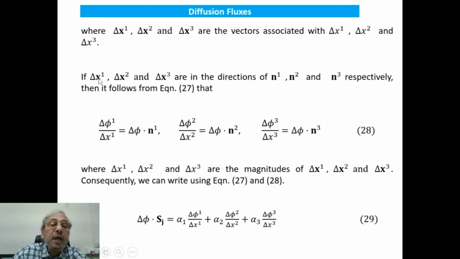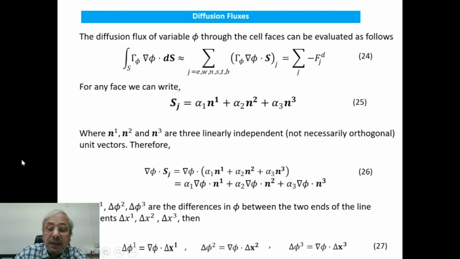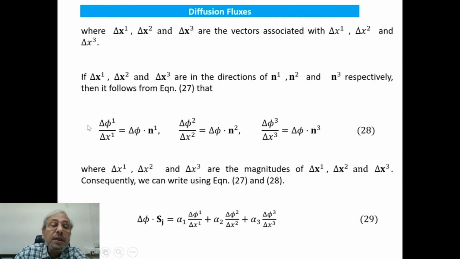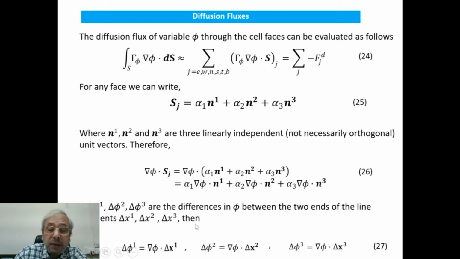So if delta x1, delta x2 and delta x3 are in the directions of the unit normal vectors n1, n2 and n3, then from the previous equation 27, we can see the expressions for delta phi 1, delta phi 2 and delta phi 3.